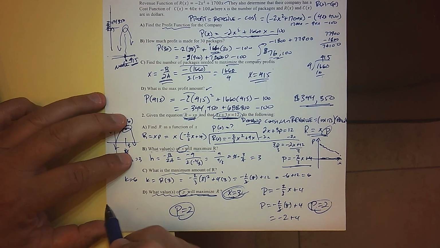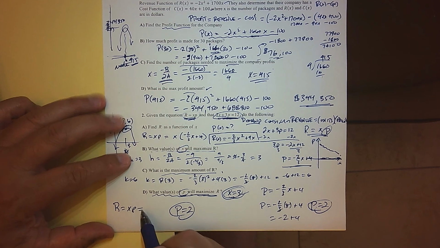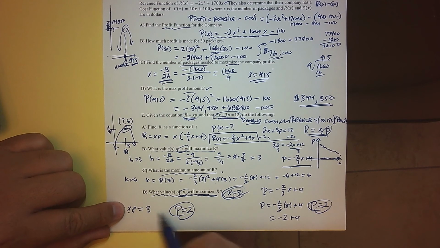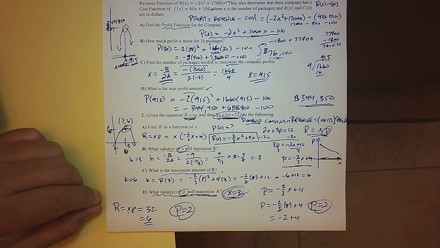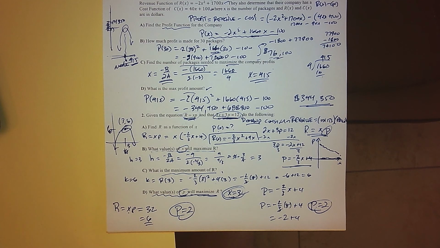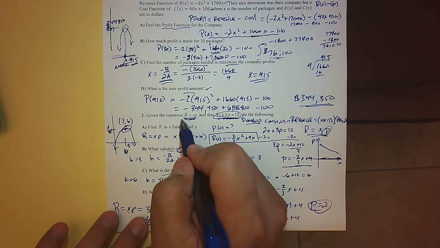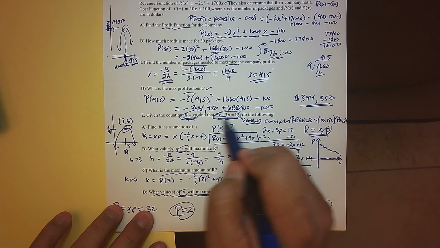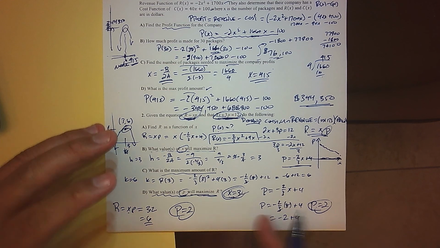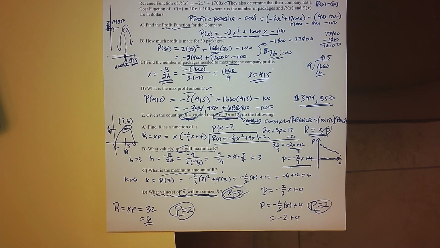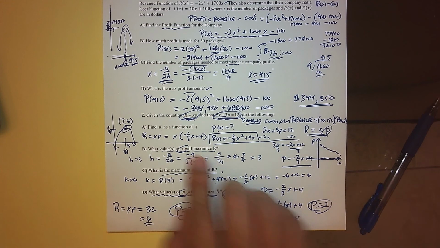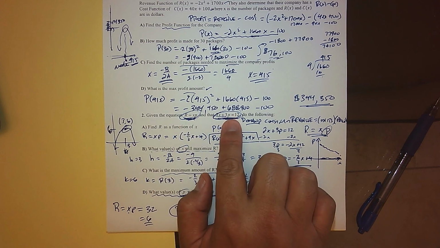And you can do a really quick check because we know, right, that R is x times P. When x is 3 and P is 2, what we get is that maximized revenue of 6. So everything comes together, right? Our formula for revenue with our constraint equation that we have, it all matches up. Okay, so another classic case where we're given something we need to maximize based off of a constraint.